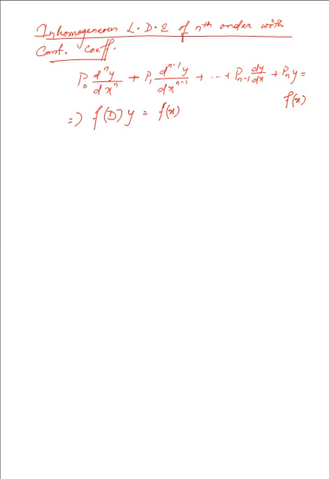If we multiply by an operator 1 upon f(D), we will be getting 1 upon f(D) multiplied to f(D) y on the left hand side, and 1 upon f(D) multiplied to f(x) on the right hand side.